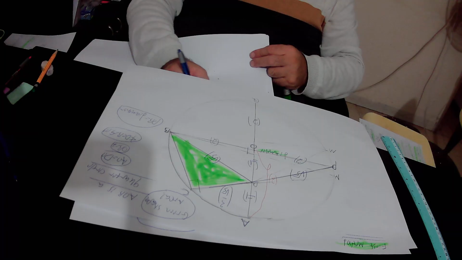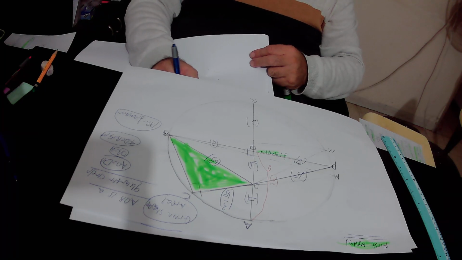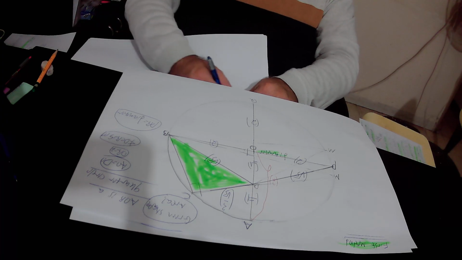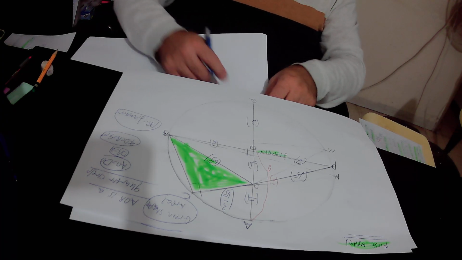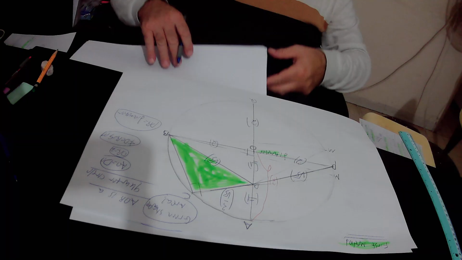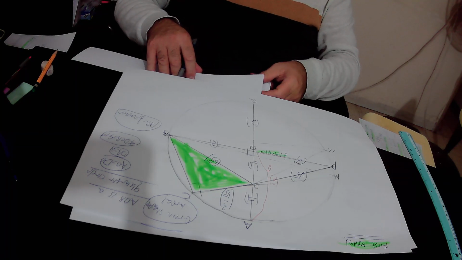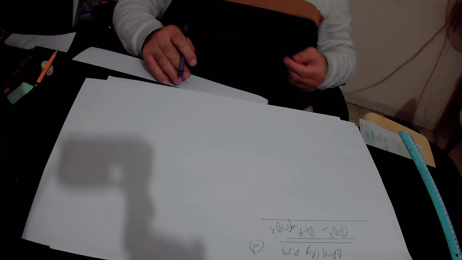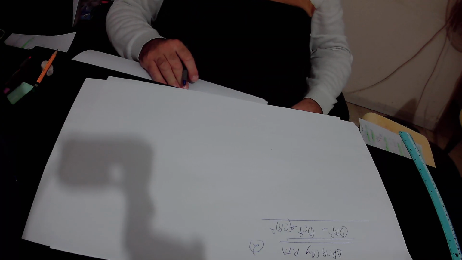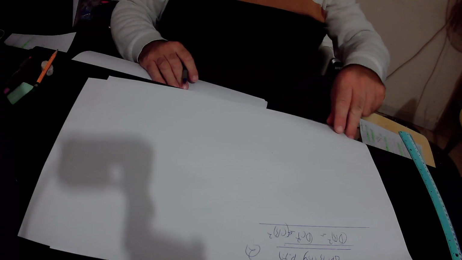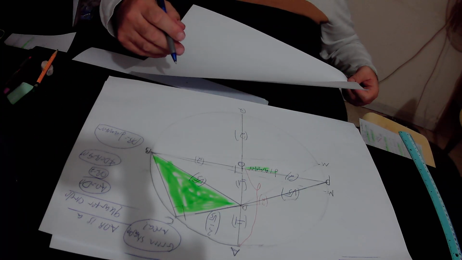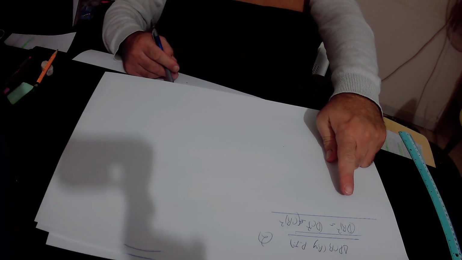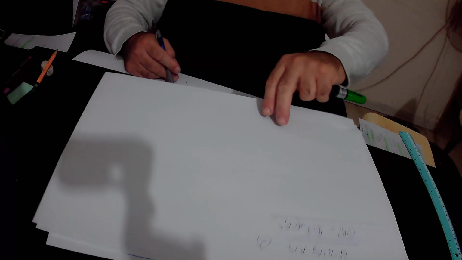Again, according to the Pythagoras theorem, in this right green triangle DCB, DB squared, the square of the hypotenuse, equals DC squared plus CB squared.